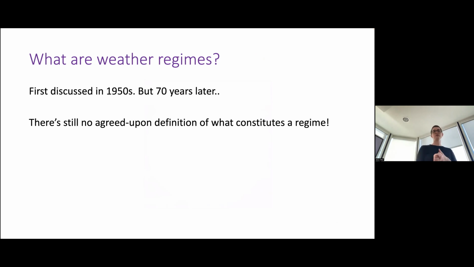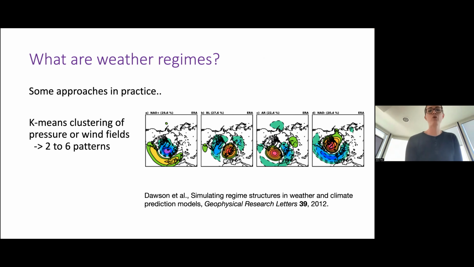The problem is there is actually no definition of weather regimes. The idea of the existence of weather regimes was first discussed in the 50s, but there is still no agreed upon definition of what a regime should be. So for example, here, this would be trying to find regimes in a data set to understand better this North Atlantic Oscillation.